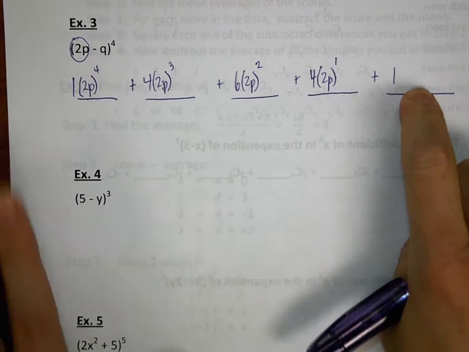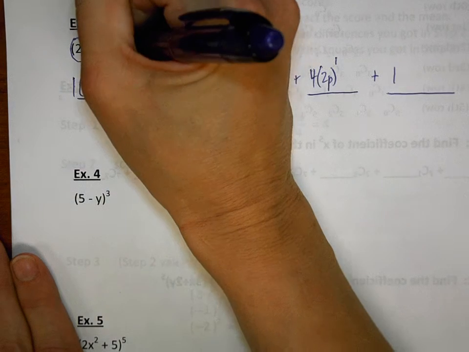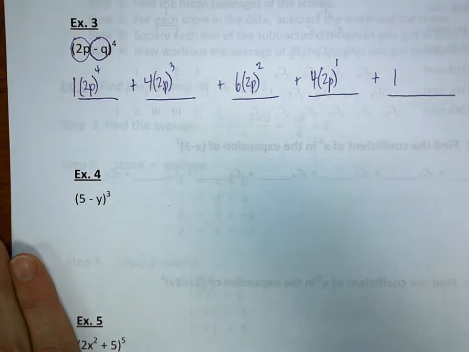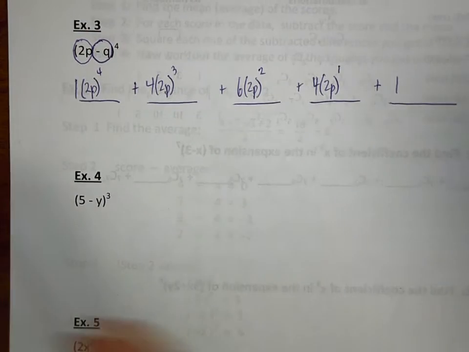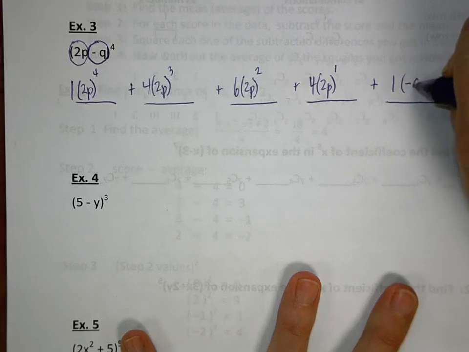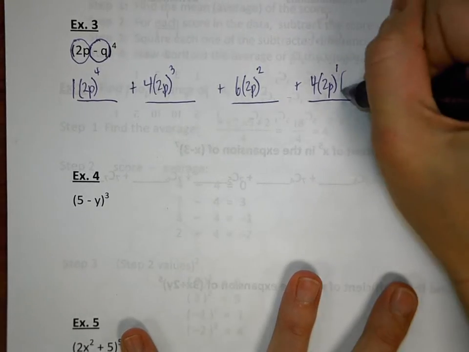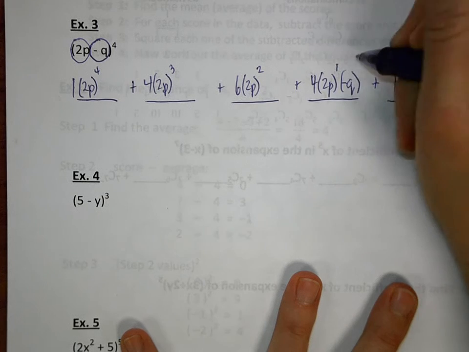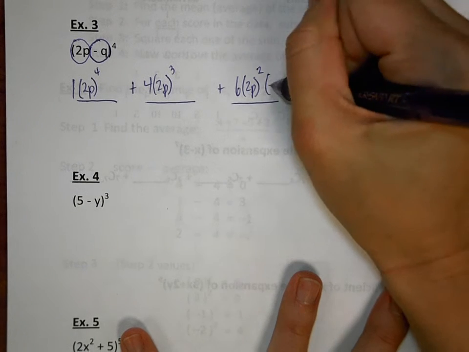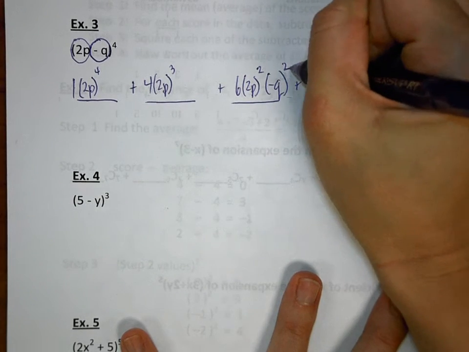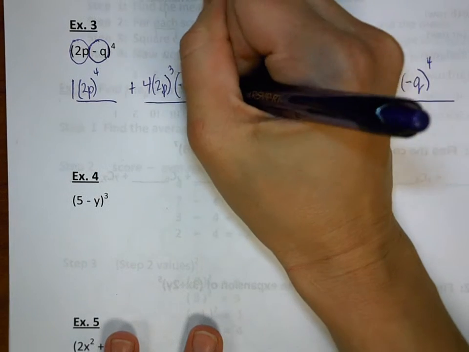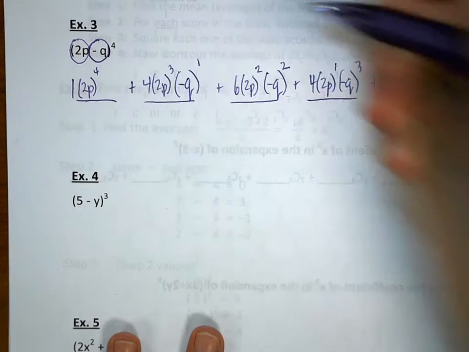Now on this one, you have to pay attention to your sign. My B term is a negative q. Okay? So in parentheses, I'm going to write negative q to the fourth, negative q to the third, negative q to the second, negative q to the first, and then nothing.